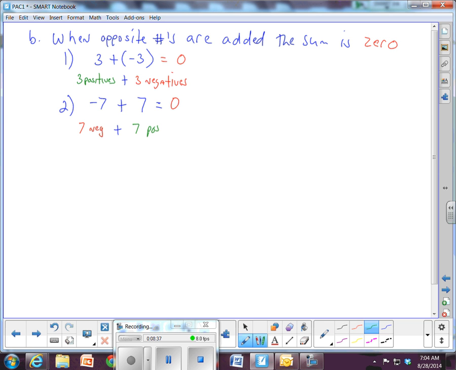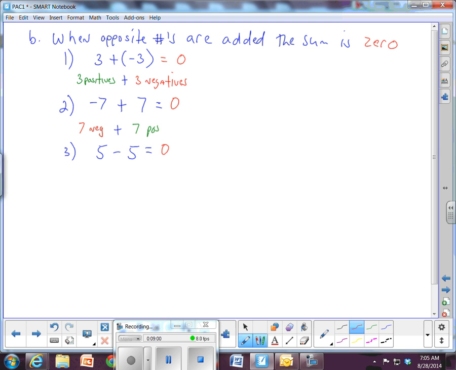Now, again, be careful of this third scenario. This is the scenario that gives the students the most trouble. So number 3, let's do something like this. 5 minus 5. Okay, we don't have any problem with the answer. You know it's 0. That's no big deal. You've learned that in 2nd grade, maybe 1st grade.